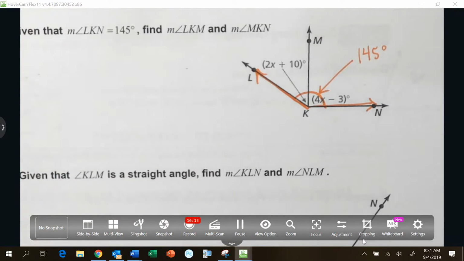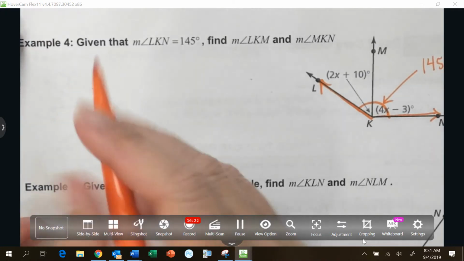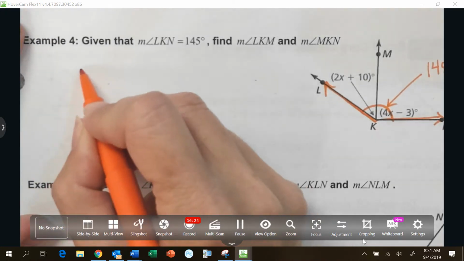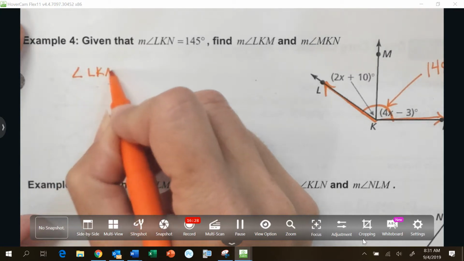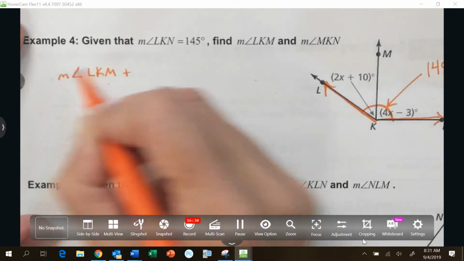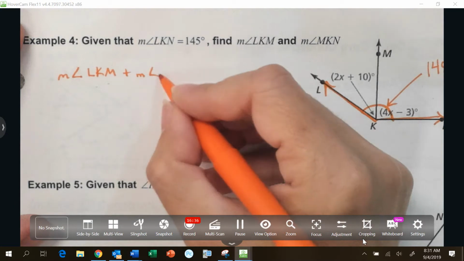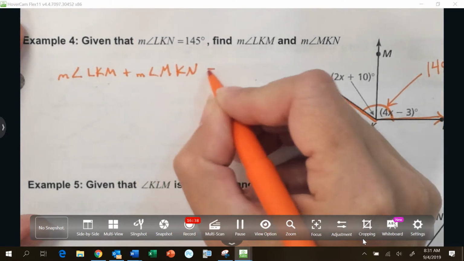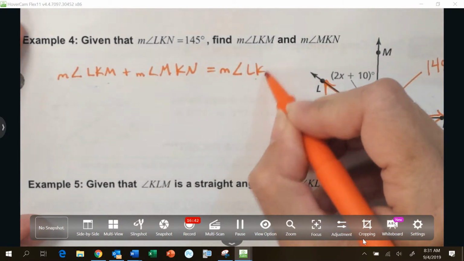So if we were to add together the measurement of LKM plus MKN, that would equal the measurement of angle LKN.